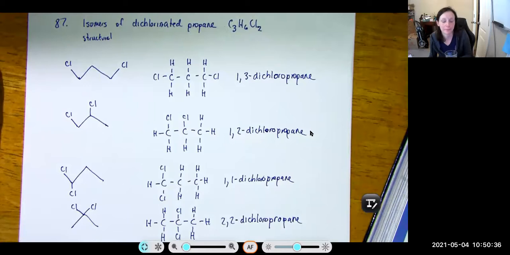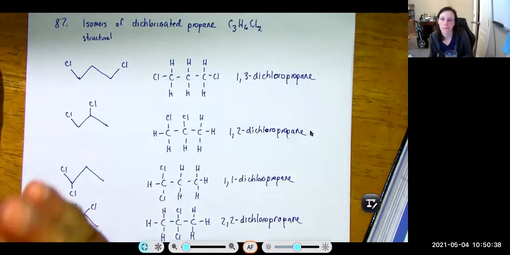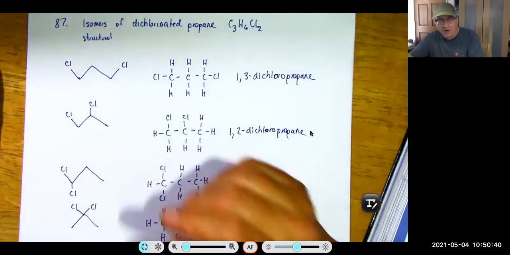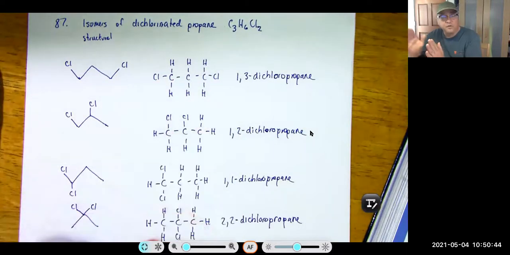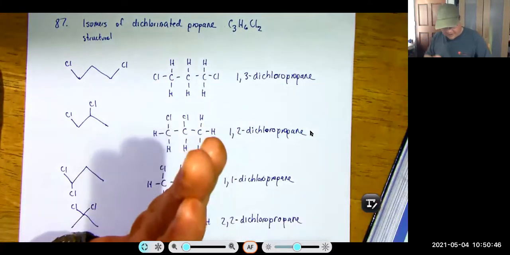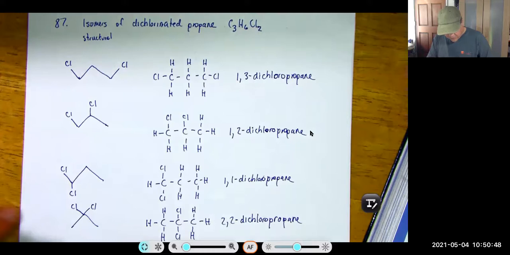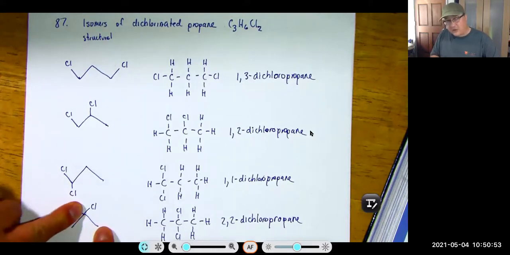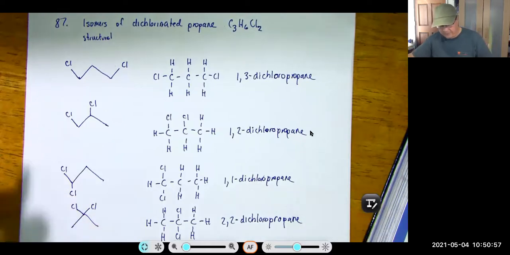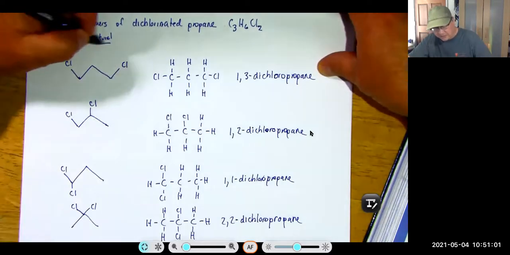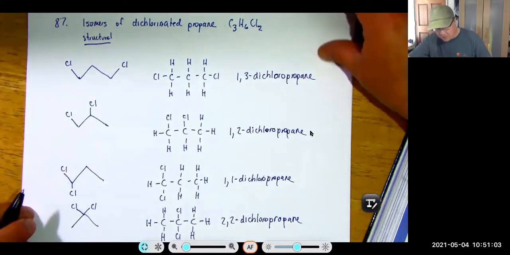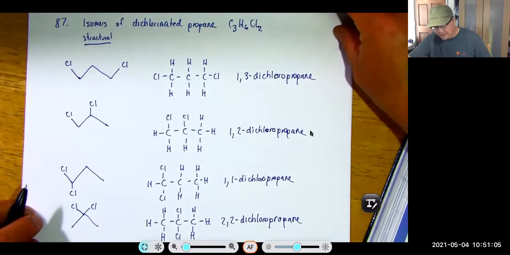Once I'm done with those, I put them both on carbon 2, and then I keep one on carbon 2 and move the other one to the right. But you can see if we kept one on carbon 2 and moved the other one over here, that would just be a 1,2. So these are all of the structural isomers of the dichlorinated propane and their names.